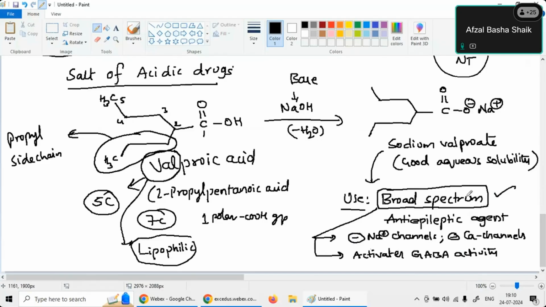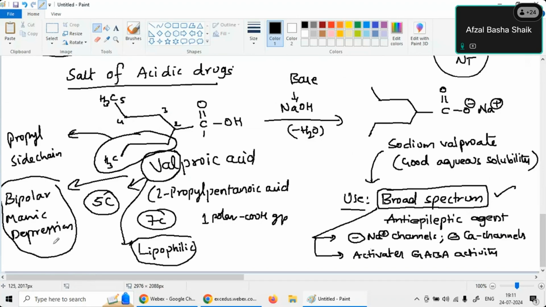Which of the following is a broad spectrum anti-epileptic drug? Right? Not only that, what is mania? In mania also there is excess of what? Release of neurotransmitters. Excess of neurotransmitter, right? We will call it bipolar manic depression.